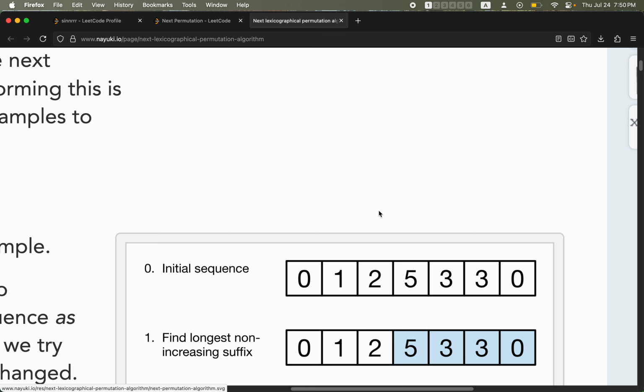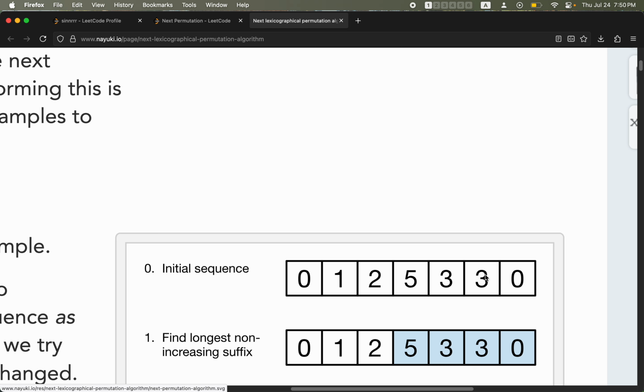So we're going to explore it based on this example. We've got this array right here, 1 2 5 3 3 0. So far there are two observations you can make. The first one is that you cannot really swap, for example, 0 and 3, for any reason, it doesn't really matter. You're just trying to find the best numbers to swap.